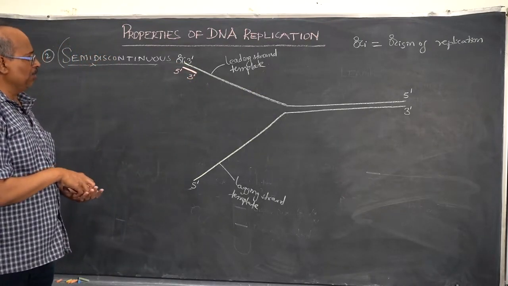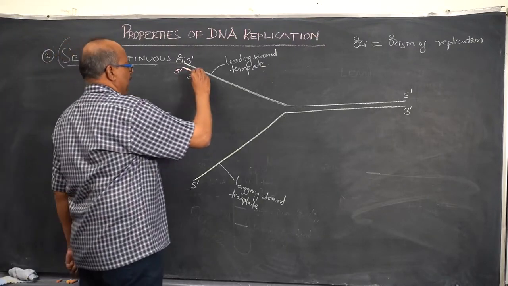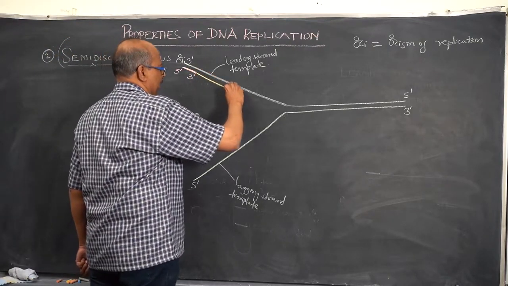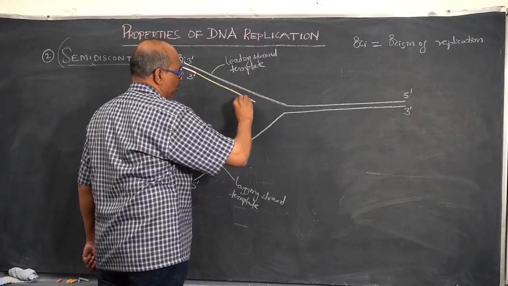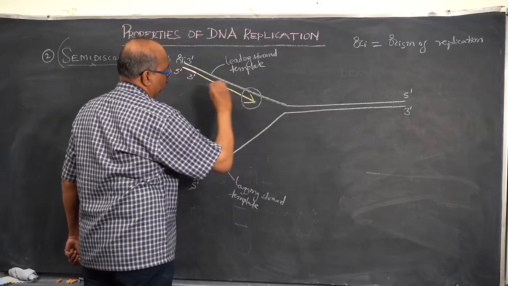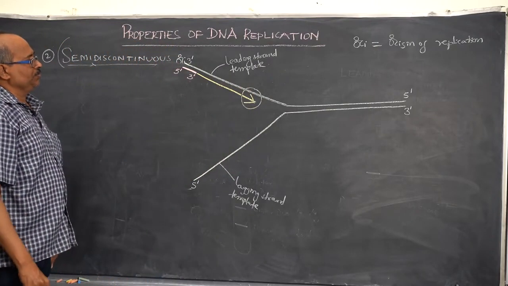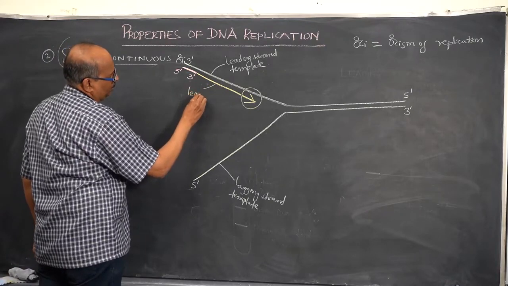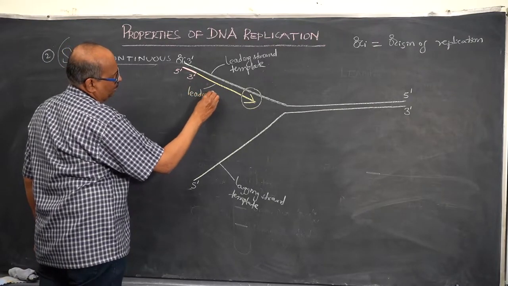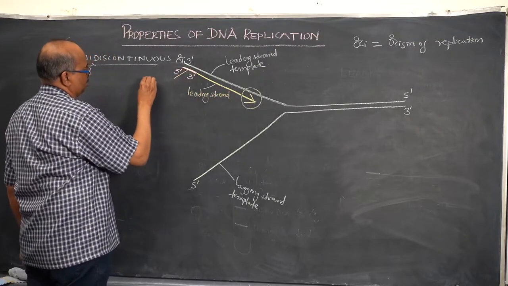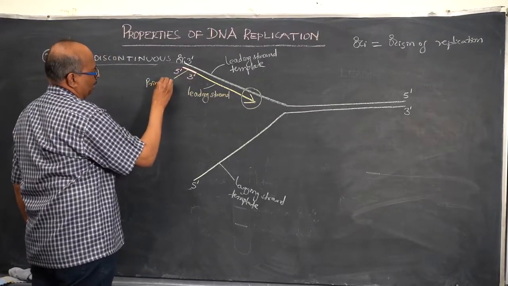Then the polymerase extends this RNA with the deoxynucleotides. So there you have the polymerase. So this will become the leading strand. This is RNA primer.